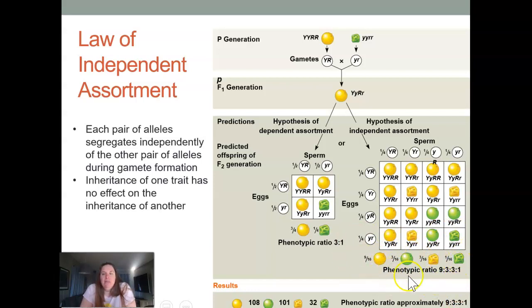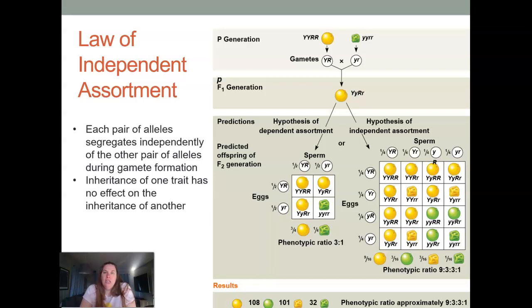And what this allowed him to conclude is that inheritance of one trait has no effect on the inheritance of another. It truly is like we're shuffling. If our chromosomes are like a deck of cards, every time we shuffle that deck, we're going to get a new and random order of cards.